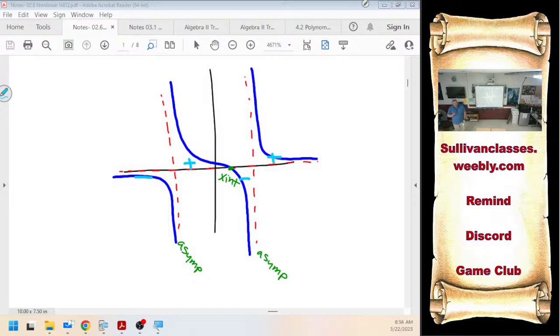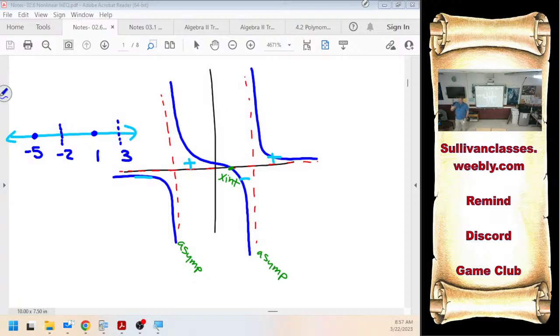So it's the same thing as graphing these. You need to find your x-intercepts and your asymptotes, and I would put them on my number line, like maybe this. It'd be at, say, -5, -2, 1, 3.